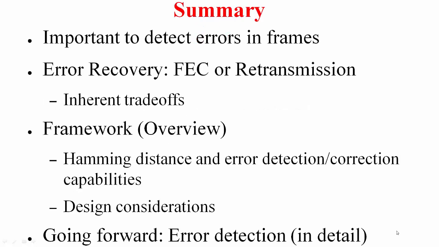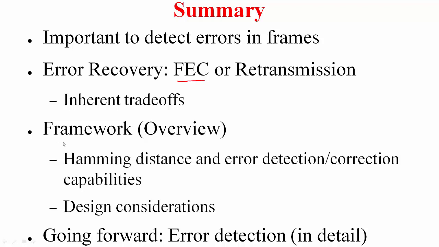So here is a quick summary. So we saw that it is important to detect errors both for data fidelity as well as not wasting resources. Once you detect errors, you can recover from them either through forward error correction or through retransmission, and there are some inherent trade-offs here. So you need to do either FEC or retransmission based on the particular situation.